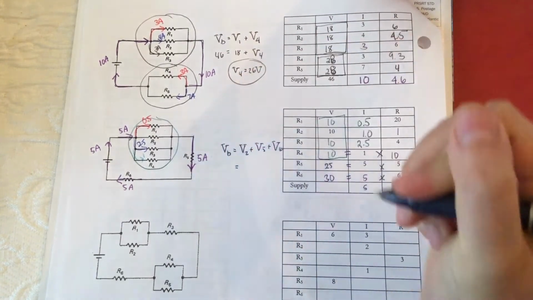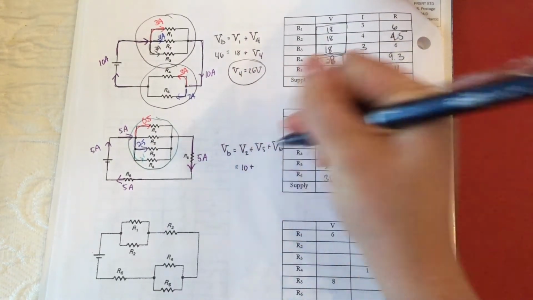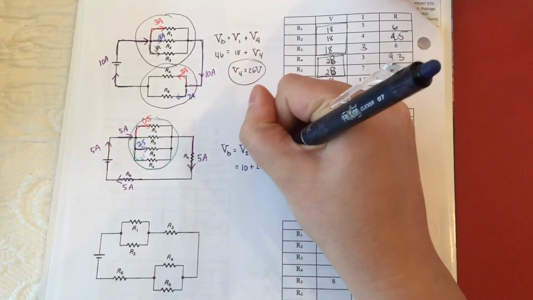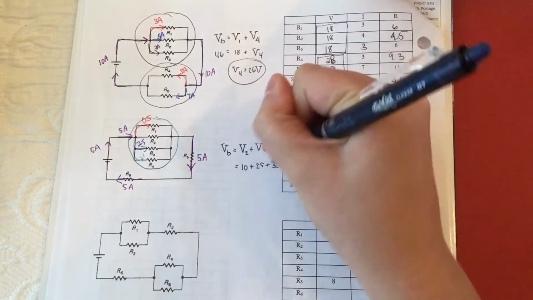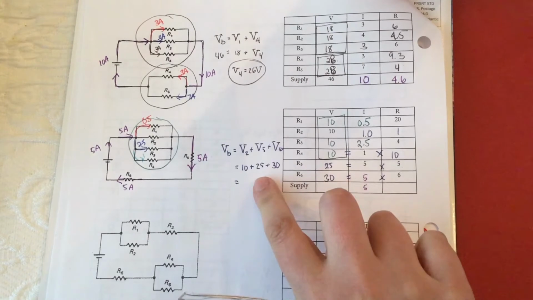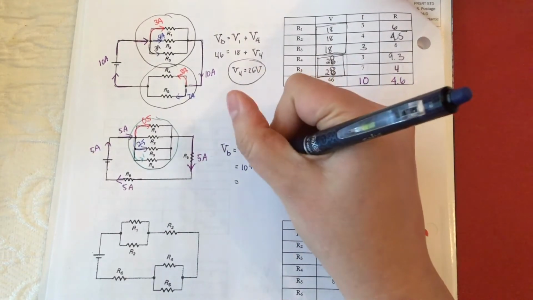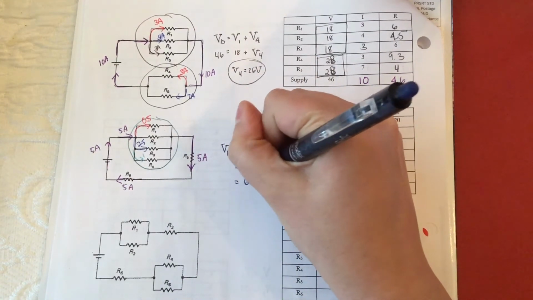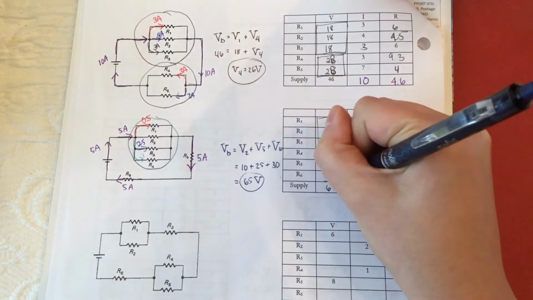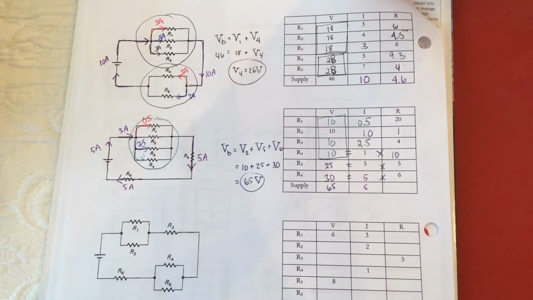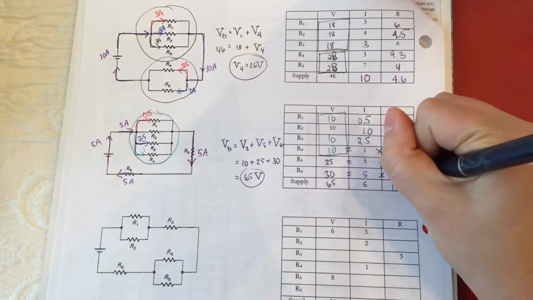The battery must have supplied enough energy to get through that whole circuit. So that means the total supply voltage is 10 plus 25 plus 30, or 65 volts. Dividing across the row then, 65 divided by 5 means there's an equivalent resistance of 13.